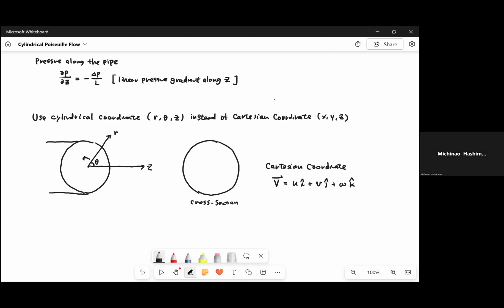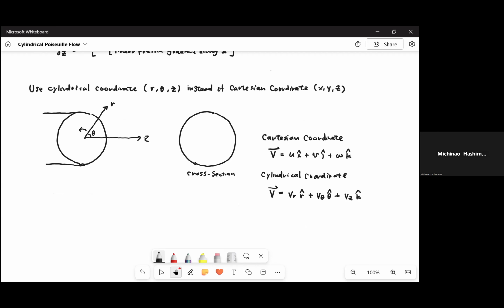This is how we did it. But in the case of the cylindrical coordinate, we can define V as follows: V_r in the direction of r, plus V_theta in the direction of theta, plus V_z in the direction of k. We could also write w, but just to distinguish, we wrote it in these three directions.